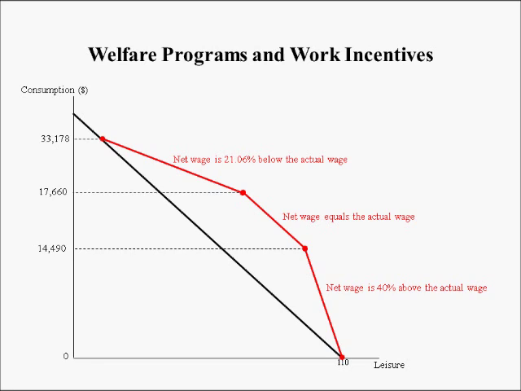It taxes your earnings. So the net wage is 21.06% below the actual wage. Now beyond $33,178, the net wage equals the actual wage because you're no longer eligible for any Earned Income Tax Credit funds. And what this program is intended to do is kink your budget line so that you go from working very little to working more hours per year.